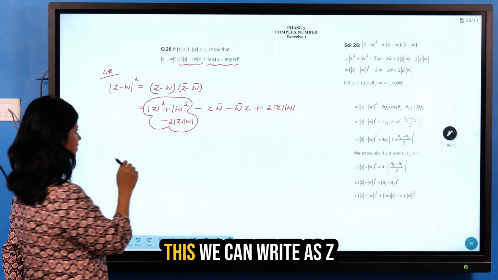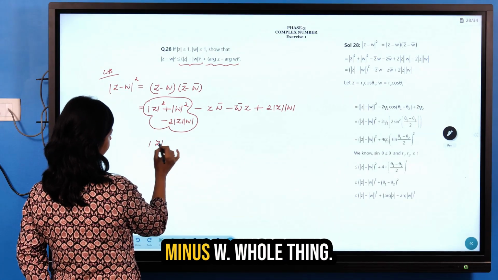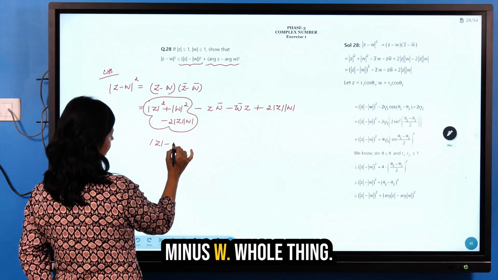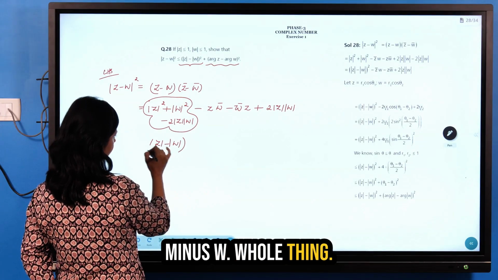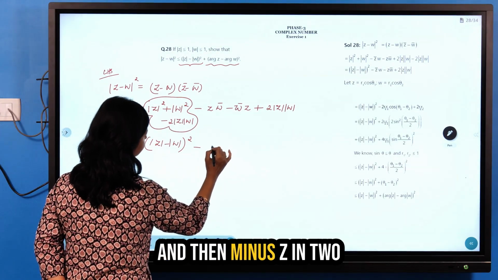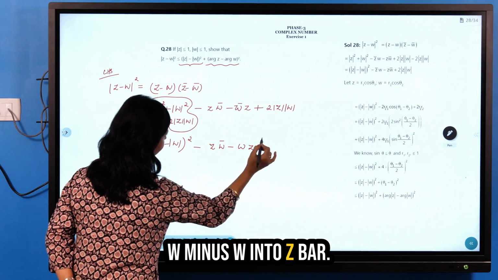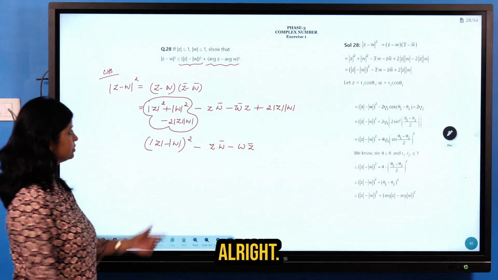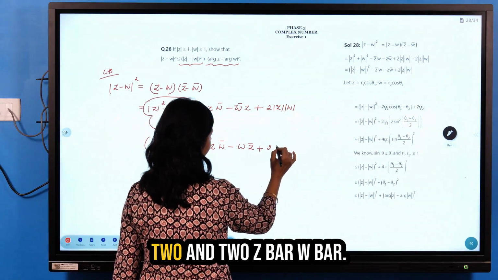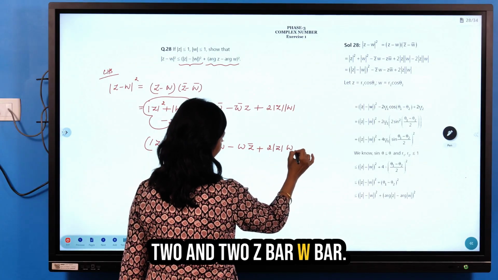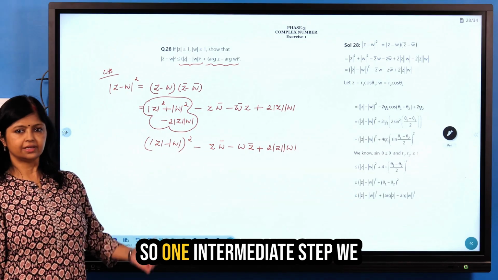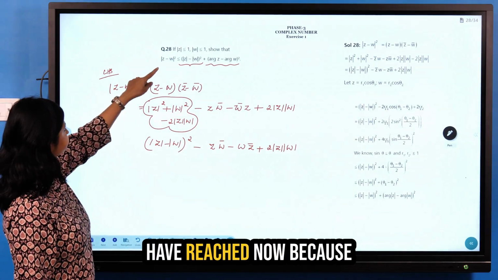This we can write as mod z minus w whole thing, and then minus z into w bar minus w into z bar, plus 2 into z bar w. So one intermediate step we have reached.